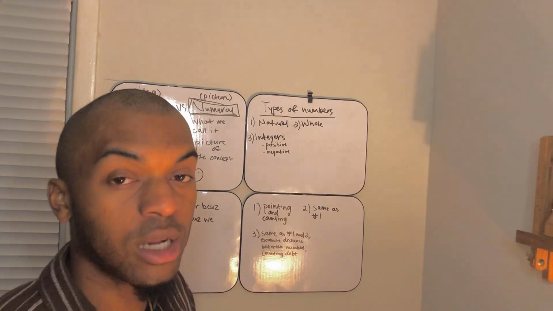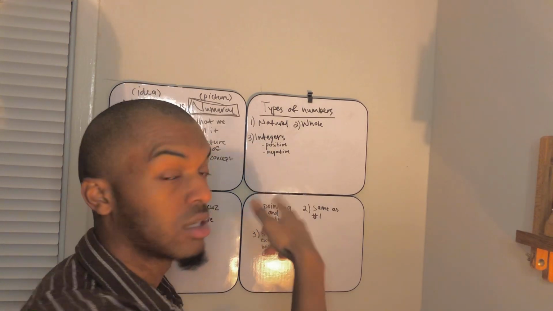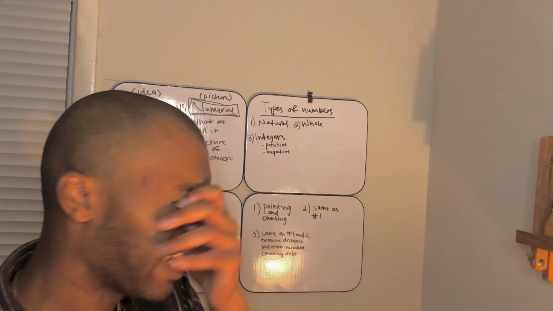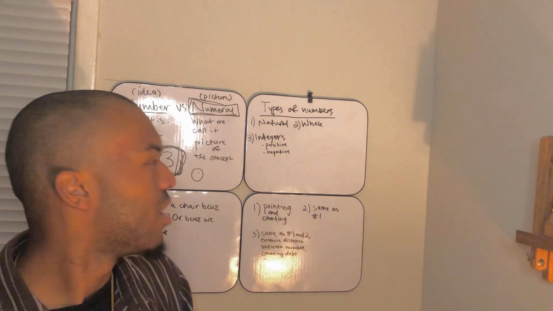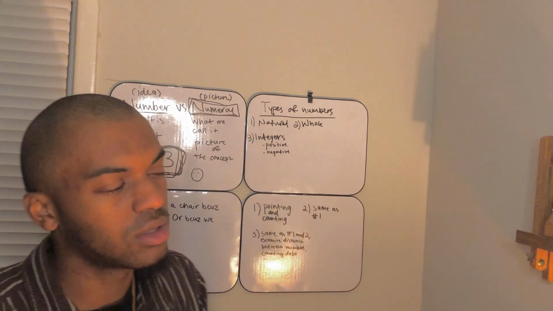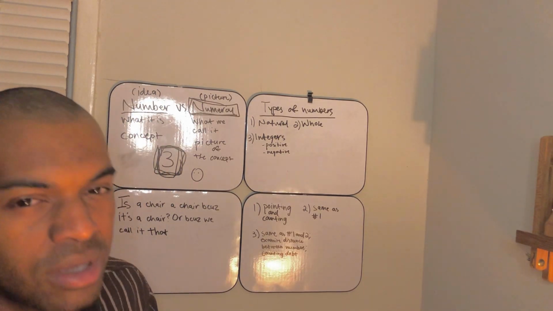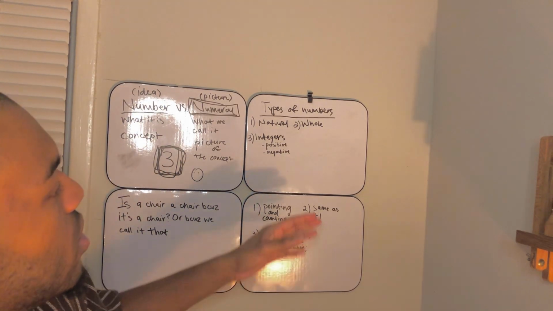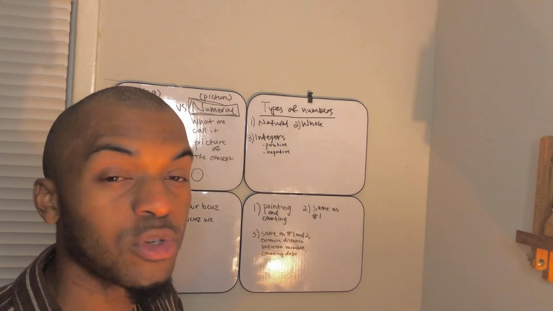That's the first type of number that you're likely to come across in algebra. The second is the whole numbers. Whole numbers are natural numbers that include 0. That's all that I mean. I'm not gonna confuse you.